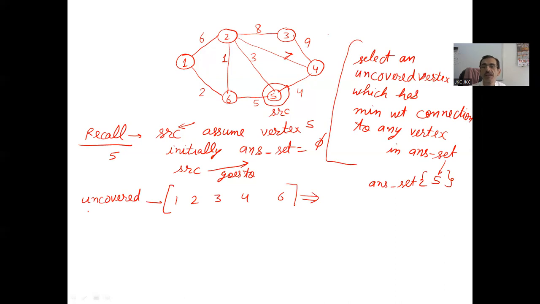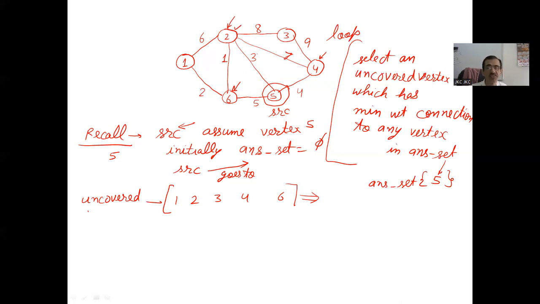This will be looped. So the first time, 5 is already there. What I see in this case is that connected with 5 are 6, 4, and 2. Out of these, one of them will get selected. Obviously, corresponding to this, I can see 3 is the minimum weight, so 2 was going to come.